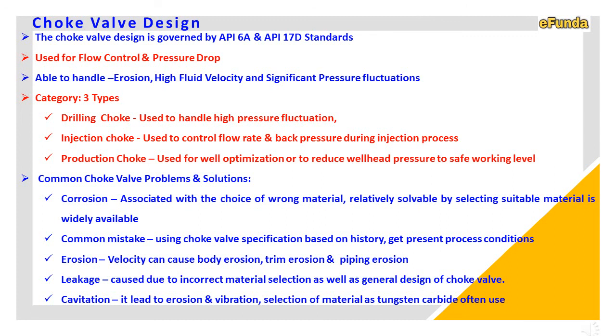Erosion: velocity can cause body erosion, trim erosion and piping erosion. Leakage is caused due to incorrect material selection as well as general design of the choke valve. Cavitation leads to erosion and vibration. A material such as tungsten carbide is often used to take care of this to a certain extent.